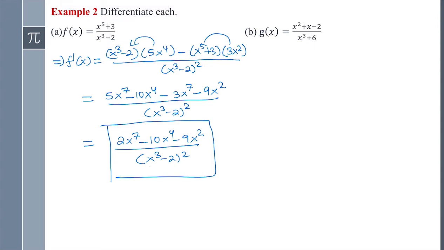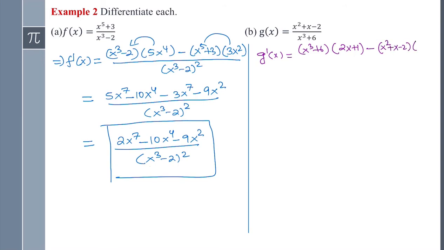Now let's look at this second example here. Again, let's just use the quotient rule. So g prime of x equals the denominator, which is x cubed plus 6, times the derivative of the numerator, which is 2x plus 1, minus the numerator, which is x squared plus x minus 2, times the derivative of the denominator, which is 3x squared, divided by x cubed plus 6 squared.